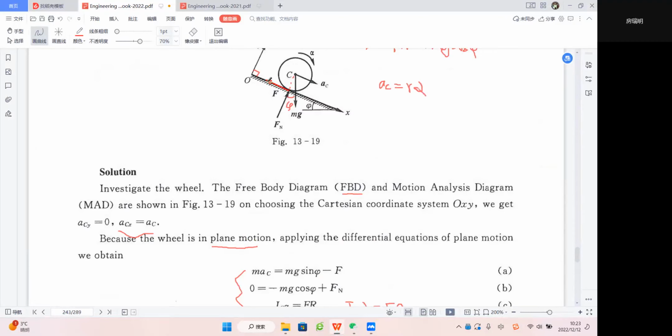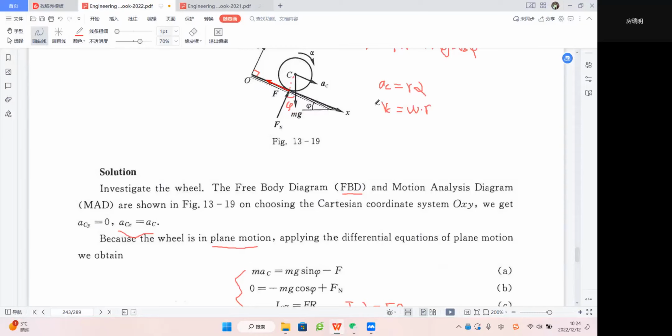Why? Because if this surface is rough enough and there is no relative motion between this contact point and the point on the slope, and the slope never moves, so we will have the velocity of mass center C be V_C equal omega times R, right? Do you guys still remember, in the middle part of kinematics we have learned this instantaneous velocity center 瞬心.